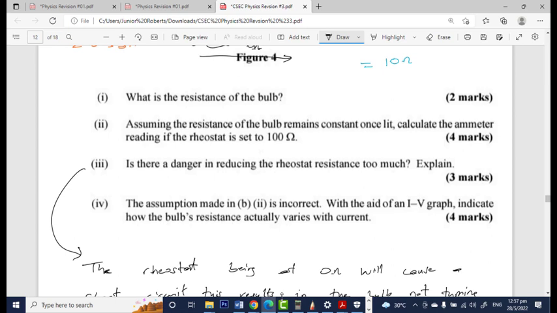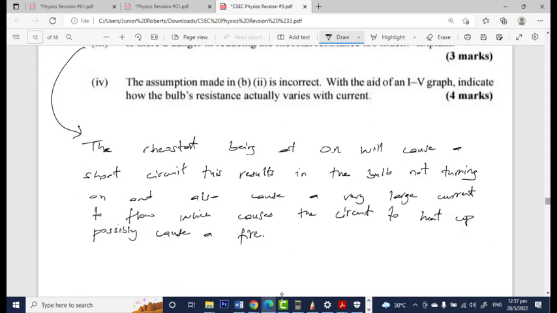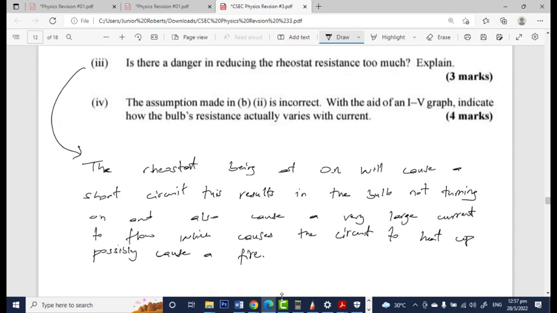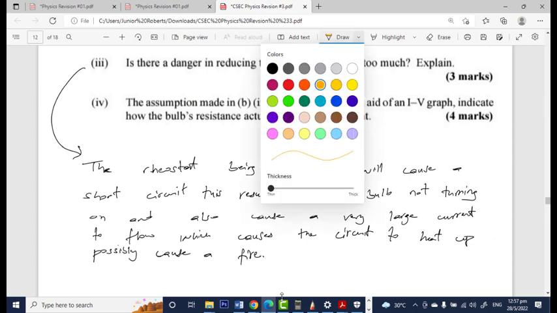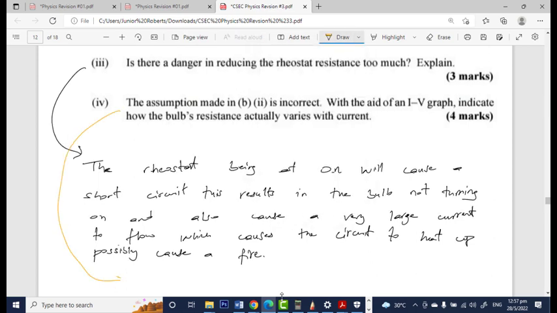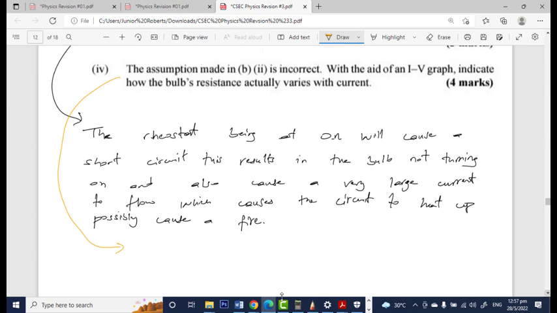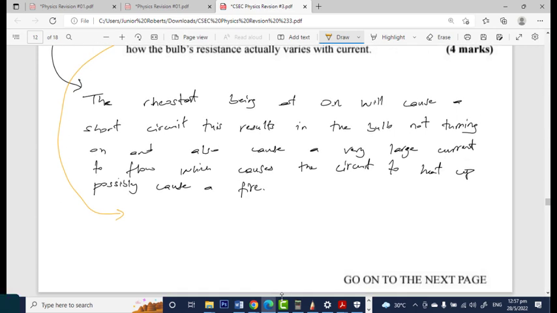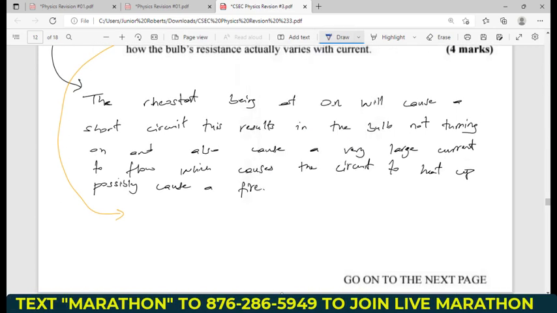So now, when we plot a graph of current against voltage for a bulb, we're going to get a straight line for a small section, but not a straight line overall because the resistance is not constant. As soon as the bulb starts to heat up, we're going to see something different.